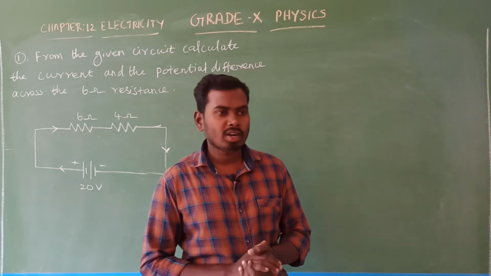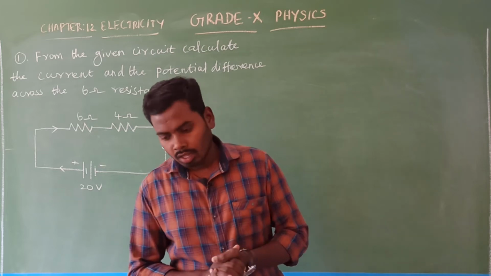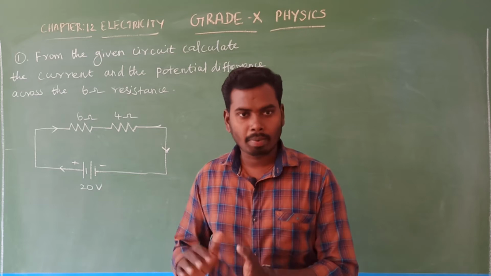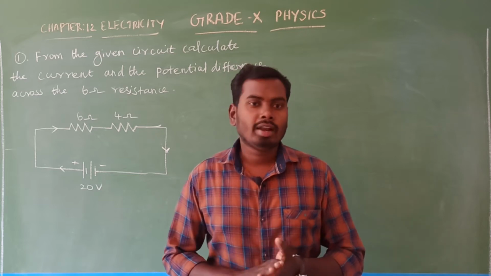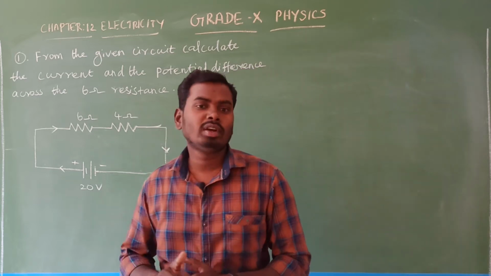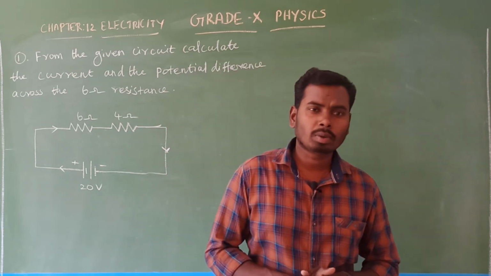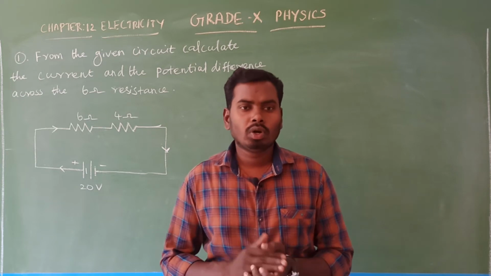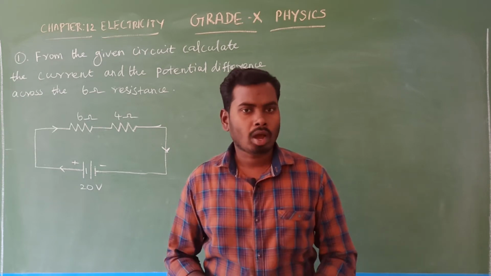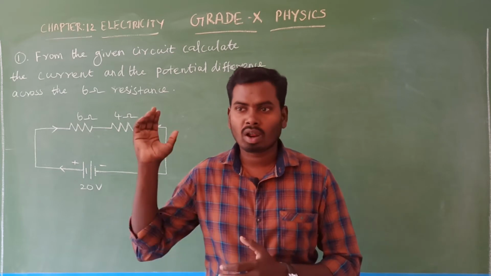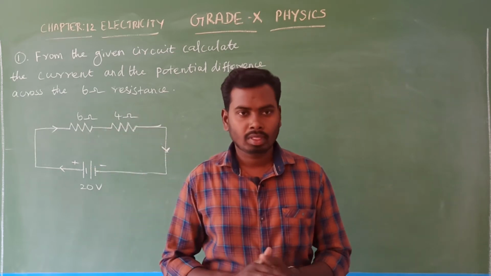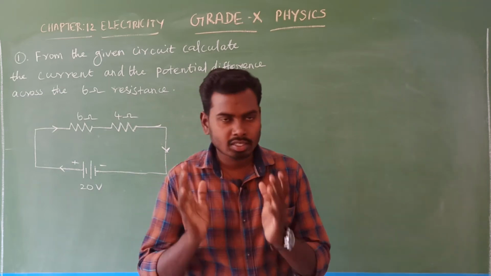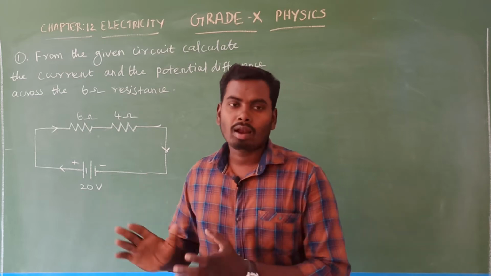The reciprocal of the total resistance of a number of resistors connected in parallel is equal to the sum of the reciprocals of the individual resistances, which means 1 by R equals 1 by R1 plus 1 by R2 plus 1 by R3 and so on, based on the number of resistances connected in parallel. So that's all about resistors in series combination and parallel combination.